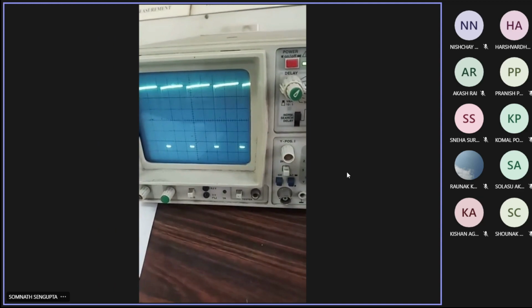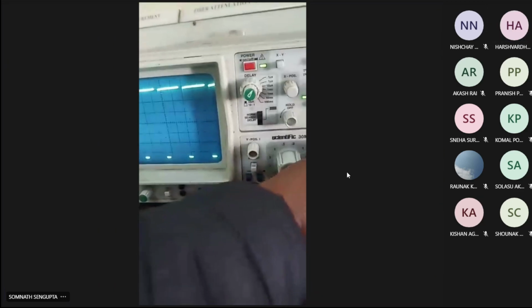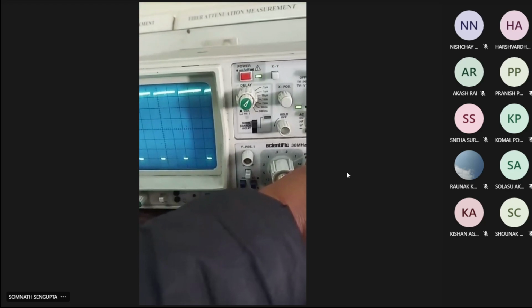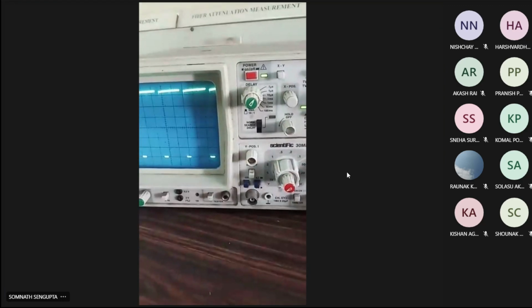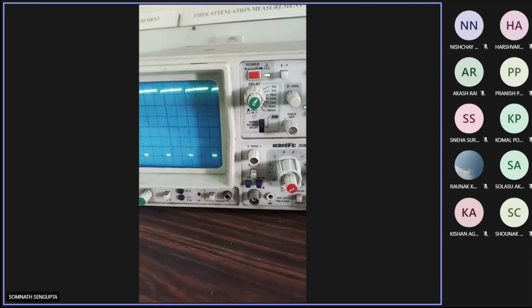Adjust the voltage a little. Now you note down the peak to peak voltage of this signal.